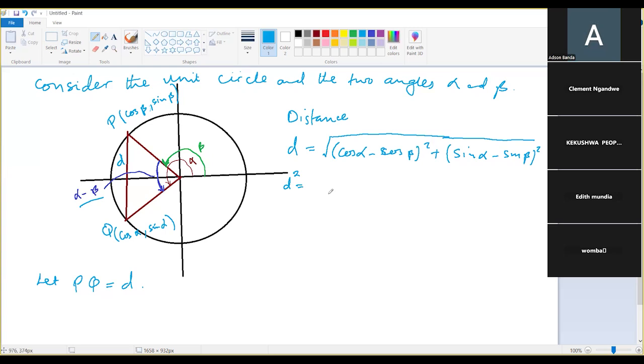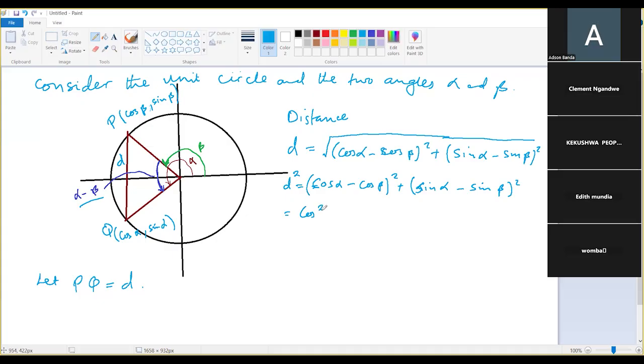So we have that D squared will be equal to the cosine of alpha minus the cosine of beta all squared, plus sine alpha minus sine beta all squared. So all we need to do is just to expand and simplify what we have.